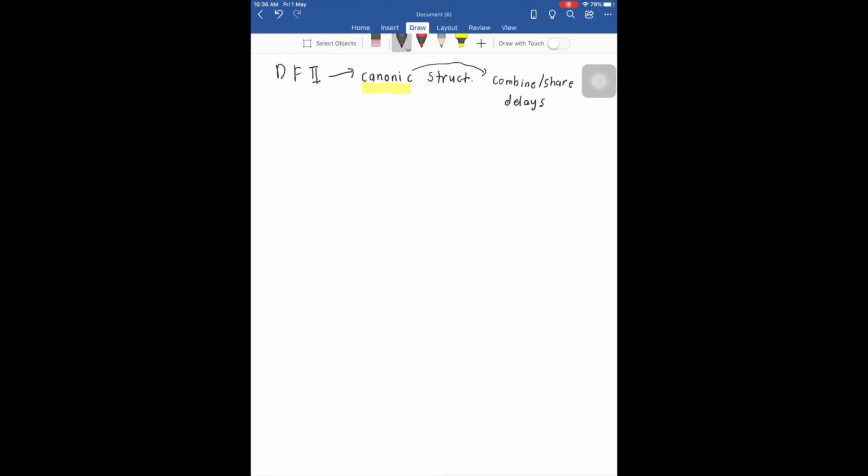I'm going to repeat this: your H(z) is as given. This is the canonic form, direct form 2.